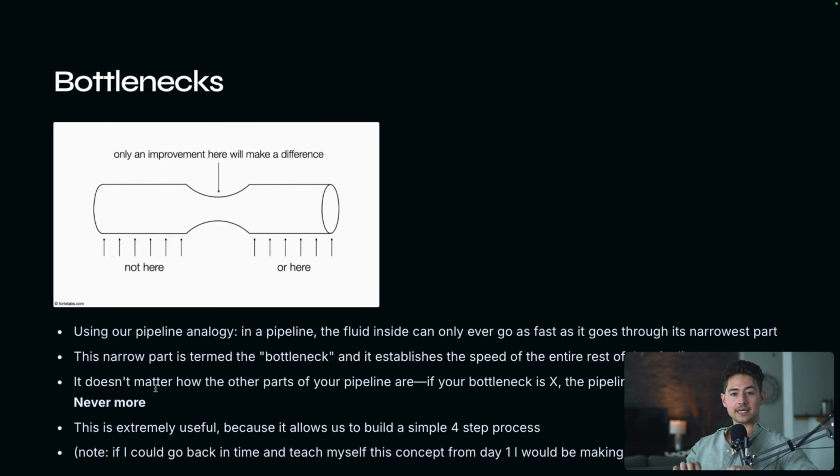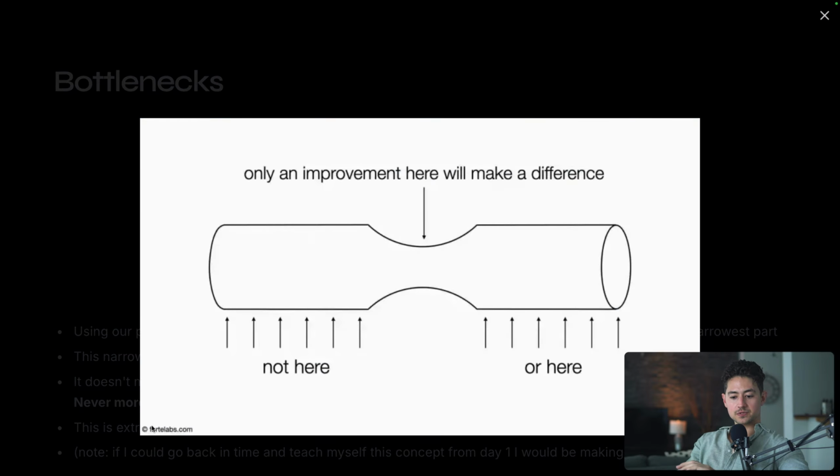If your bottleneck is X liters per minute, the entire pipeline will only ever go as fast as X liters per minute, never more. I have a little picture over here, and it looks like this picture was created by Forte Labs. Thank you, Forte Labs. Only an improvement here will make a difference in your pipeline.